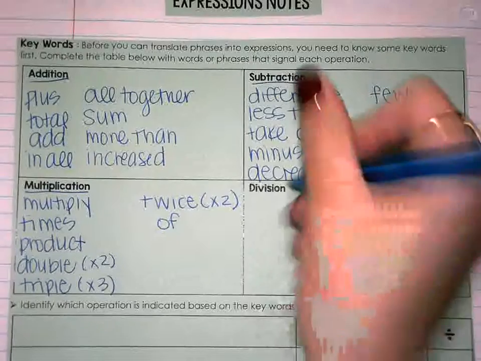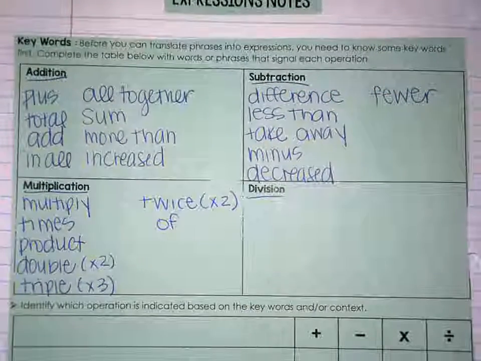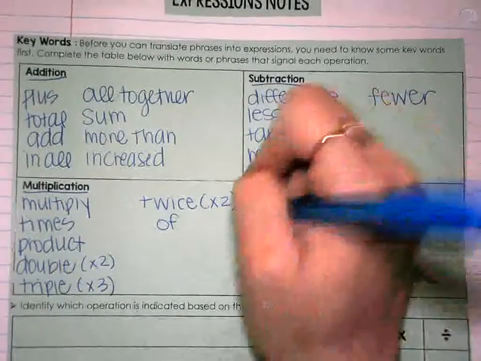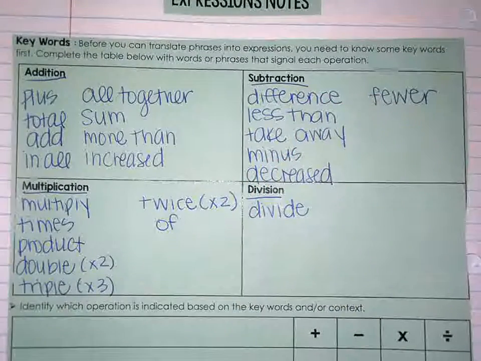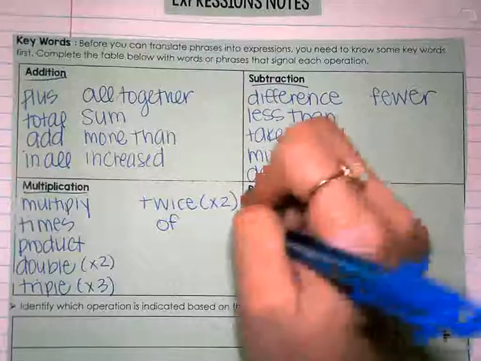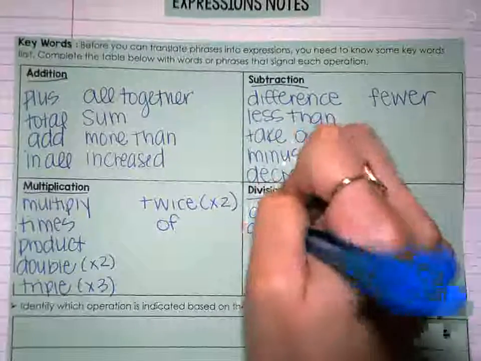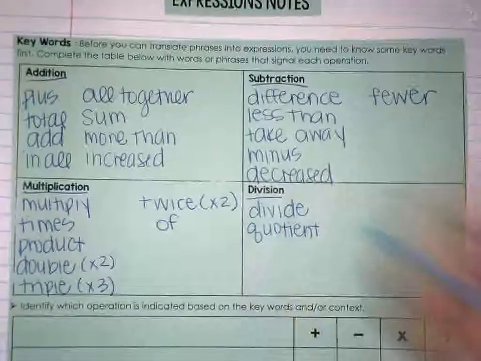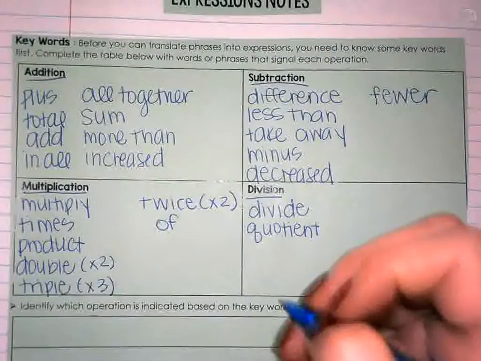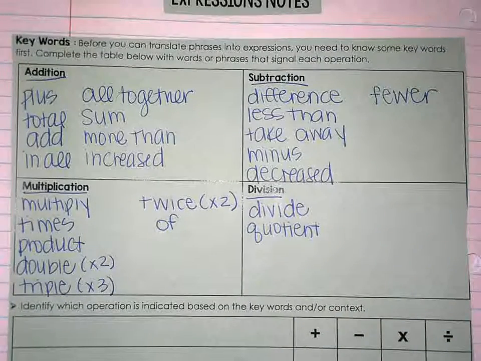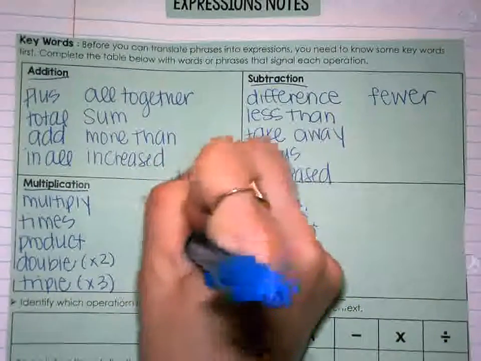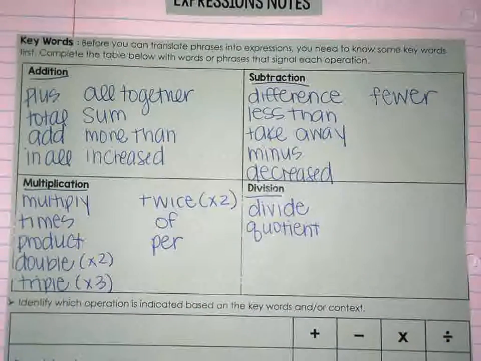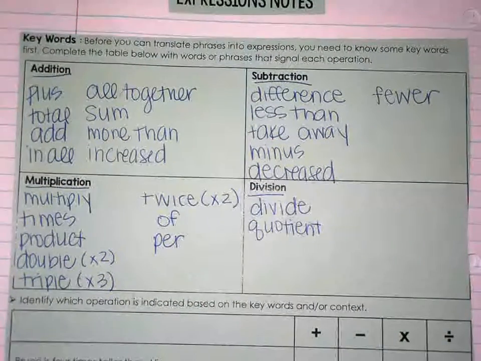Okay, division. What's the obvious one, everyone? Divide. Ethan? Quotient. Ella? Say that again? Per. Per actually means multiply. So we'll write that under multiplication.